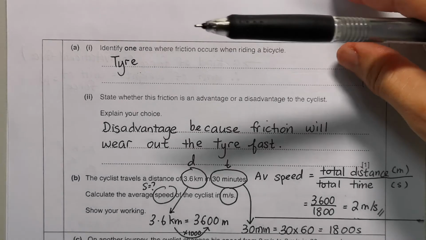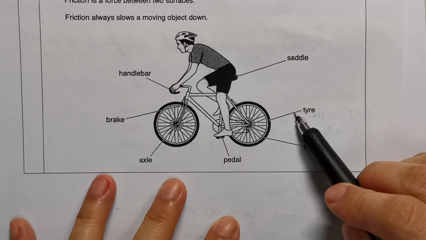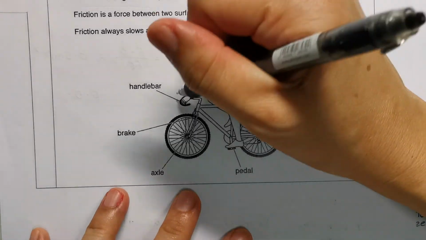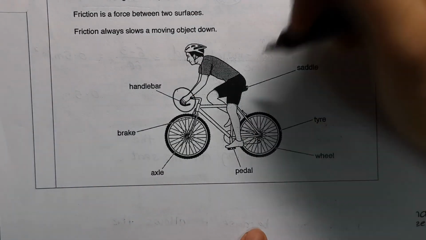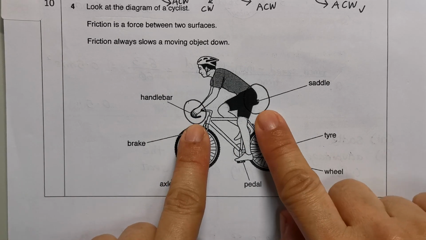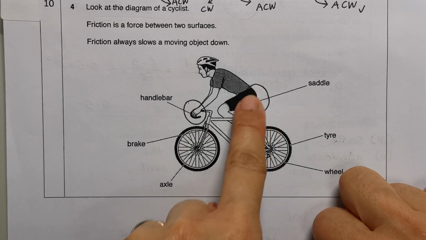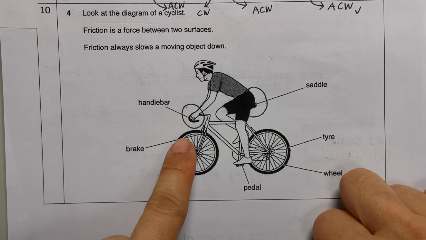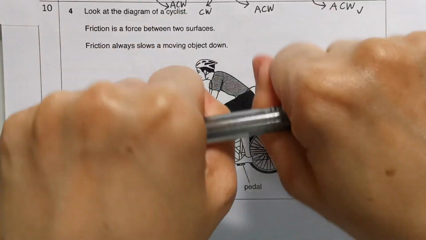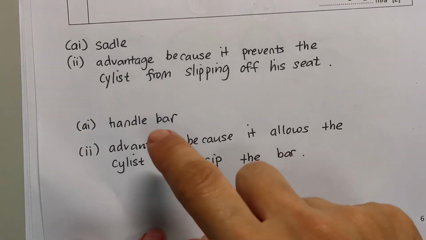But if you look at the diagram again, other than the tire, his hands and his bum, these two parts are going to experience friction too. If there's no friction, this cyclist will keep slipping down from the saddle. If there's no friction, you won't be able to hold on to the handlebar. It will just slip. So there are two other answers.